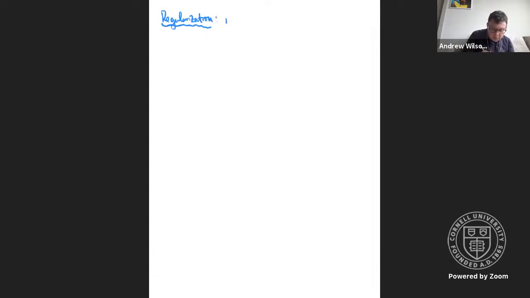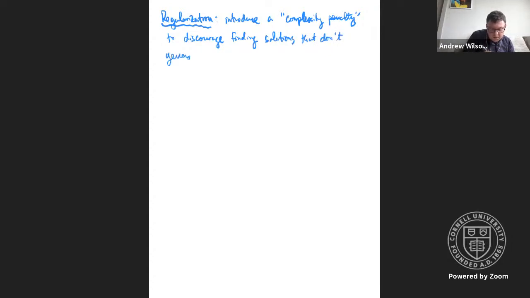So we introduce a complexity penalty to discourage finding solutions that don't generalize. That is, solutions that don't make reasonable predictions outside of the data points that we're observing.